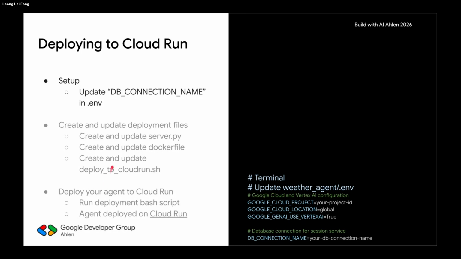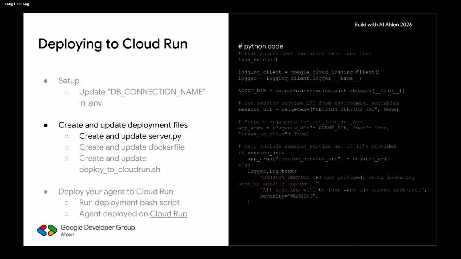So here I am actually connecting to the Cloud SQL. So we want to update the Cloud SQL DB connection. So we just add this database connection, the name of the service. I will show you how you can get it later. And then after that, we will just create the deployment file and so on.